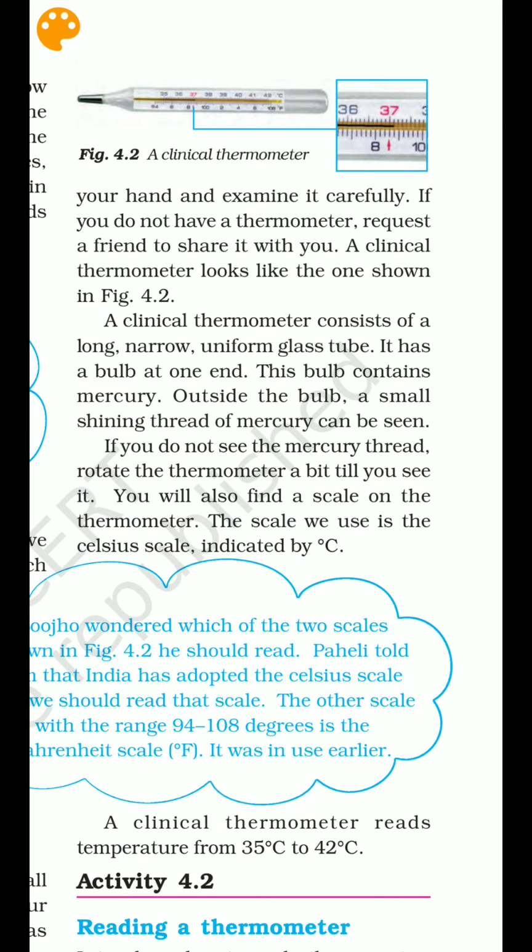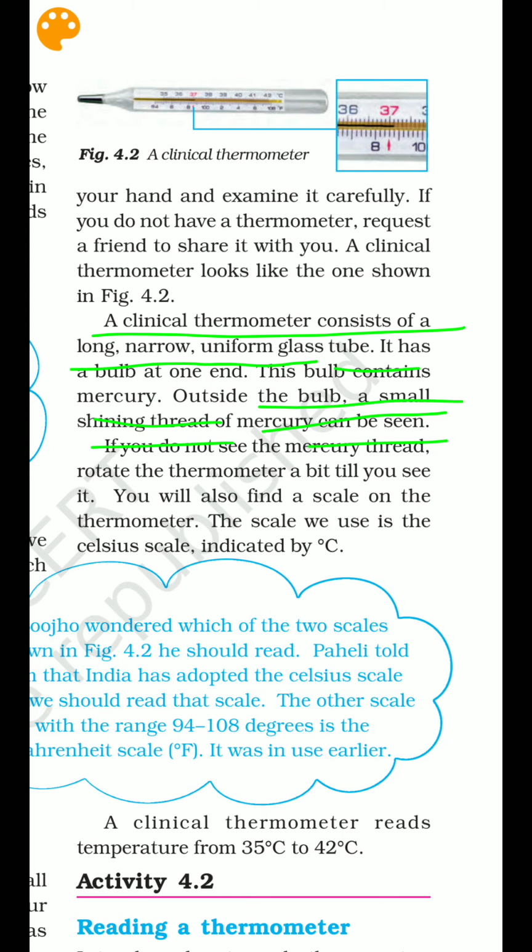thermometer. So, the clinical thermometer consists of a long, narrow, uniform glass tube. It has a bulb at one end, and this bulb contains mercury, which I have told you already. Outside of the bulb, a small shining thread of the mercury can be seen. If you do not see the mercury thread, rotate the thermometer a bit till you see it.